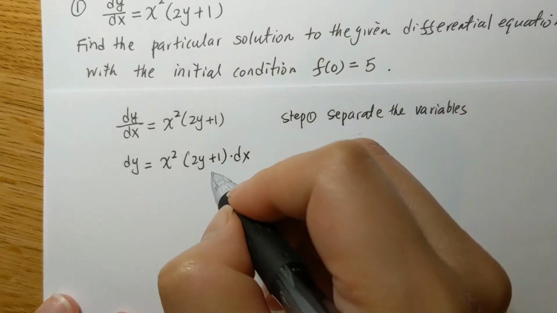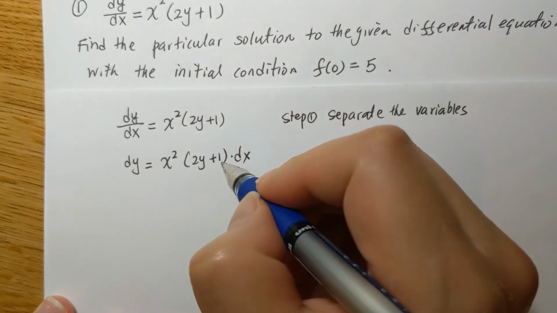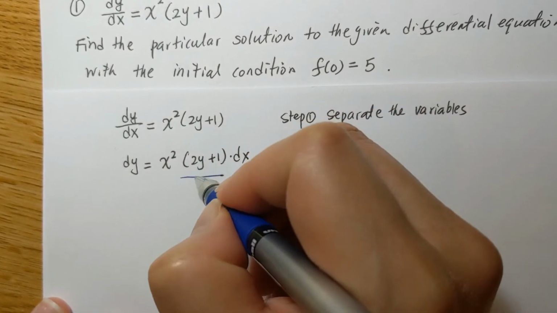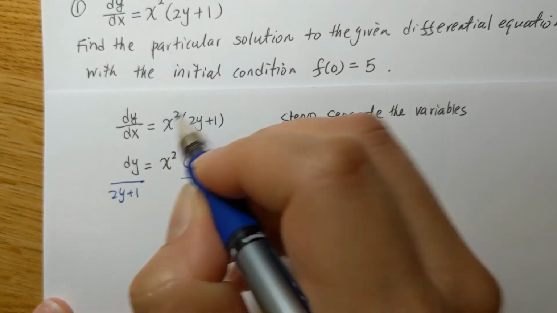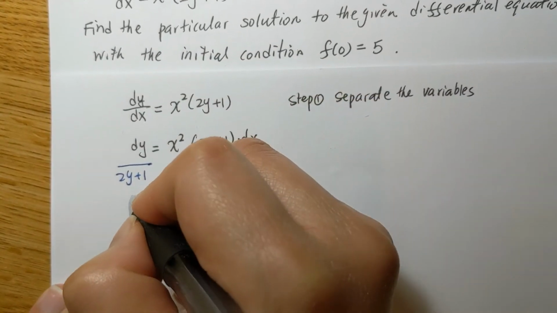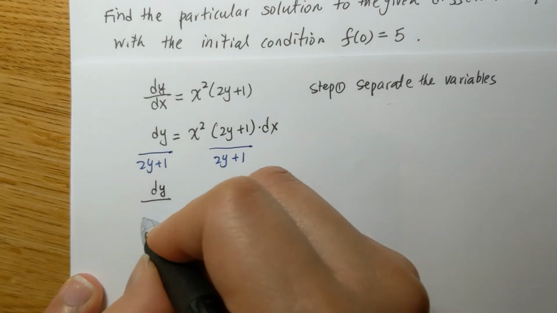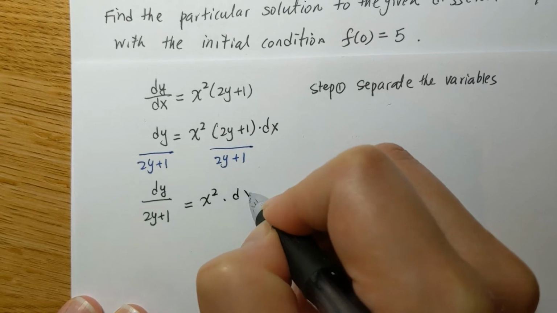Now you are going to make the 2y plus 1 disappear from the right side. To make it disappear, we divide. So now this part cancels out, and we get dy over 2y plus 1 equal to x squared times dx.